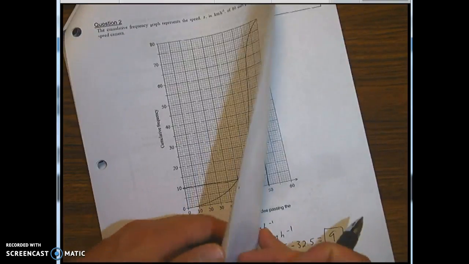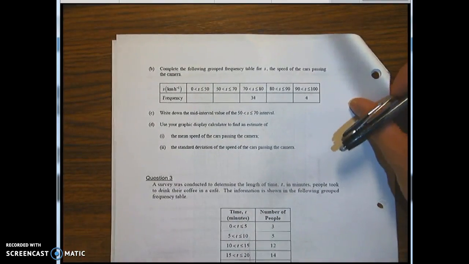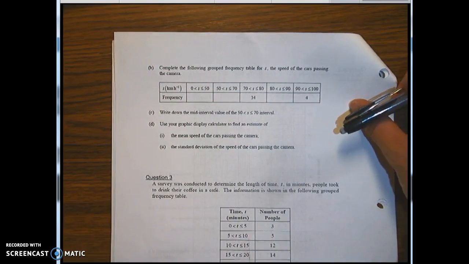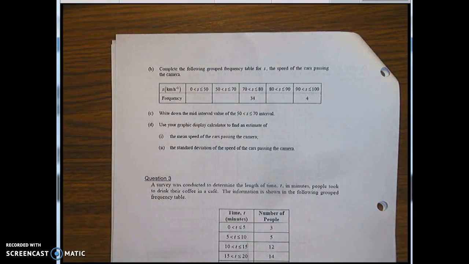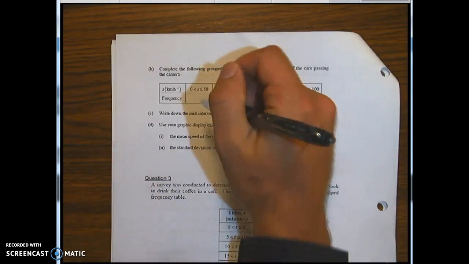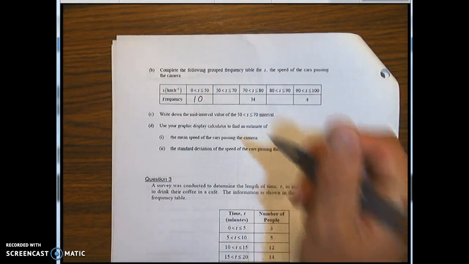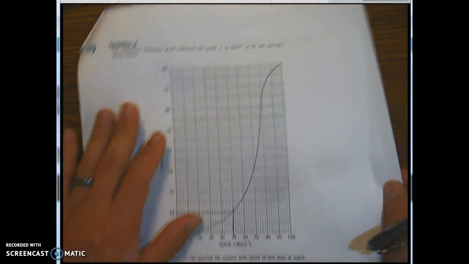Part B asks us to complete the following group frequency table for S, the speeds of the cars. Well, we already did this, 0 to 50, it's just 10. To figure out 50 to 70, I'm going to go back to my graph.